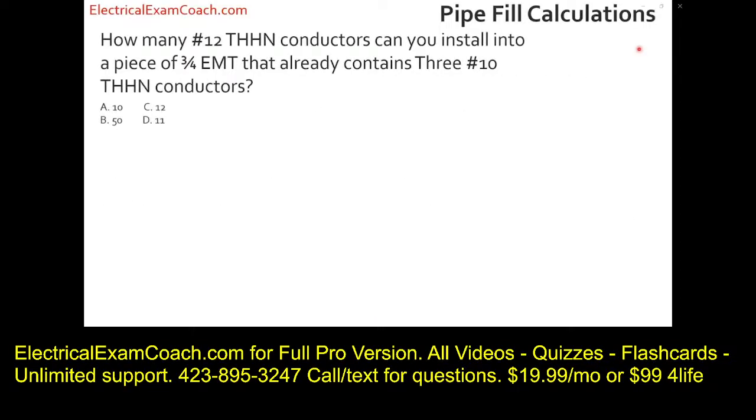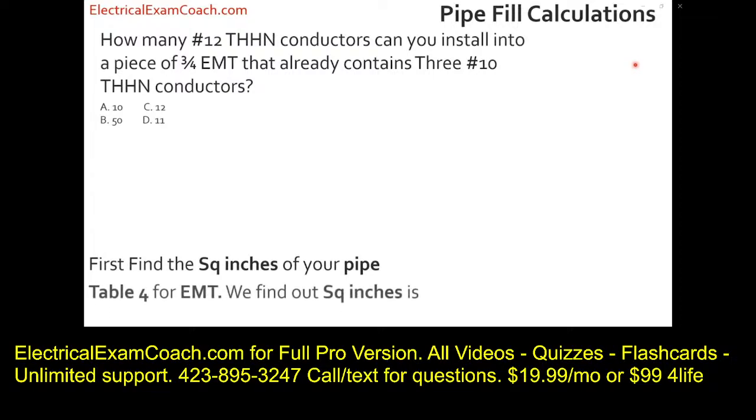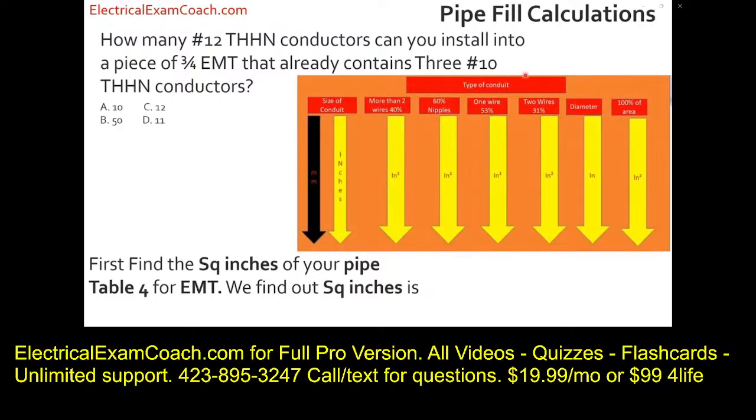How many more number 12 THHN conductors can you install into a piece of 3/4 inch EMT that already contains 3 number 10 THHN conductors? The first thing we're going to do is find the total area that we have to work with. And to do that, we're going to head to Chapter 9, Table 4 for EMT. And when we get there, the first thing we do is make sure that we're in the right type of conduit.